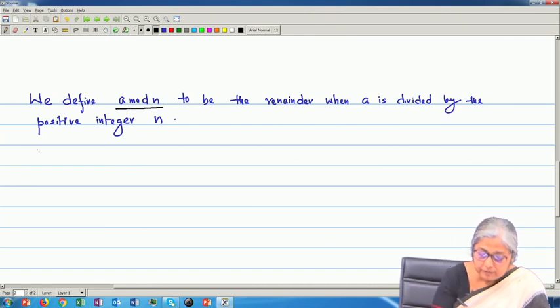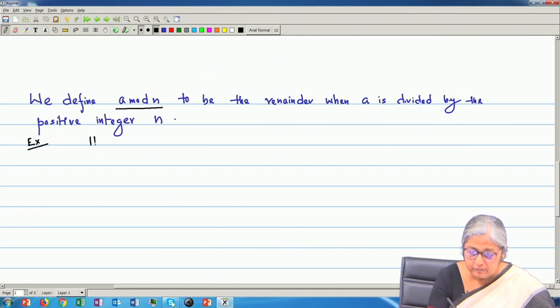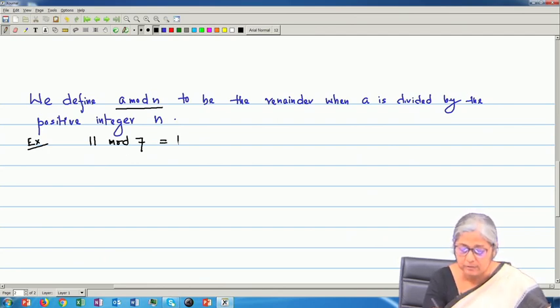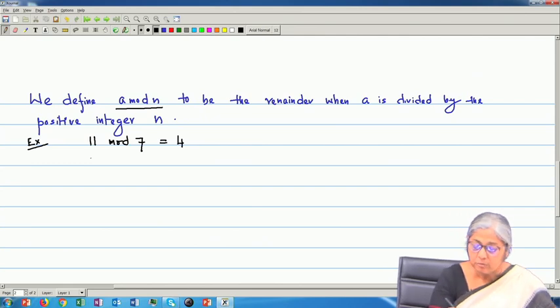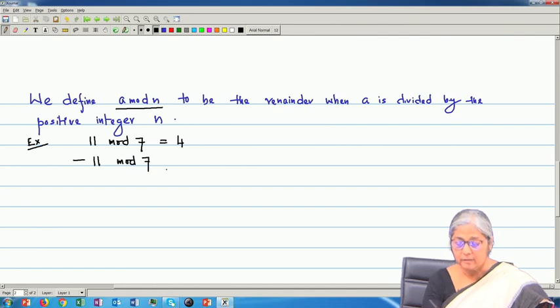If I give a simple example, say 11 modulo 7, that means when 11 is divided by 7, and we know it is nothing but 4. So, what will be minus 11 mod 7? Minus 3 can be the quotient, or minus 2 be the quotient.